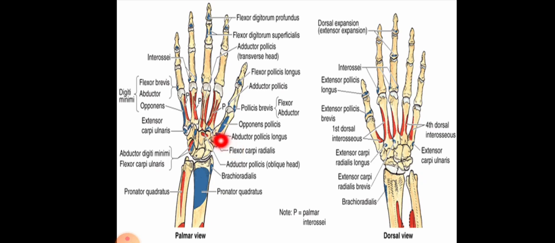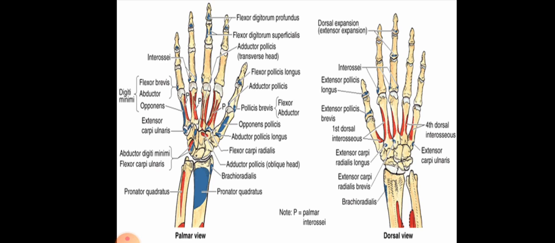The oblique head originates from the base of the second and third metacarpal bones, and the transverse head originates here from the shaft of the third metacarpal bone. The two heads insert in the base of the proximal phalanx. Okay, the origin of these muscles.